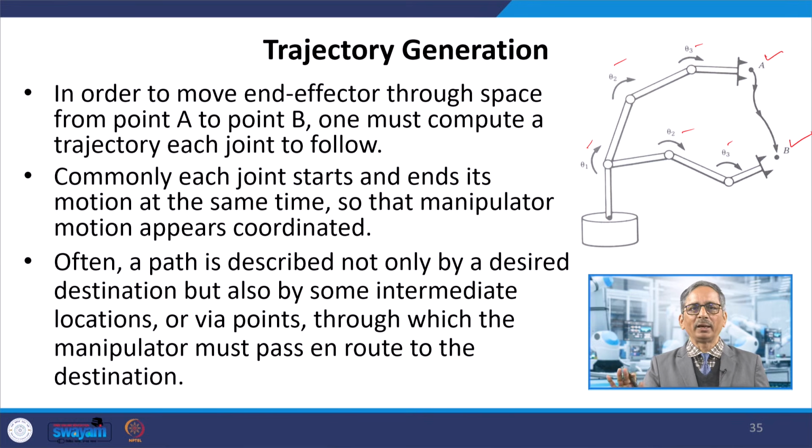Commonly each joint starts and ends its motion at the same time, so the manipulator motion appears coordinated. Often a path is described not only by a desired destination but also by some intermediate locations, or what we call via points, through which the manipulator must pass en route to the destination.